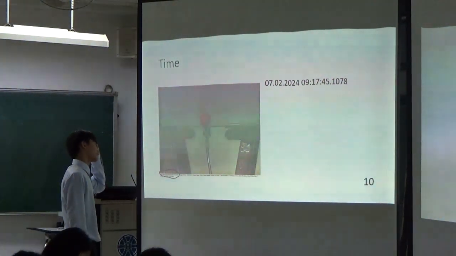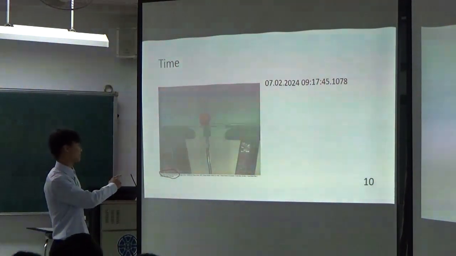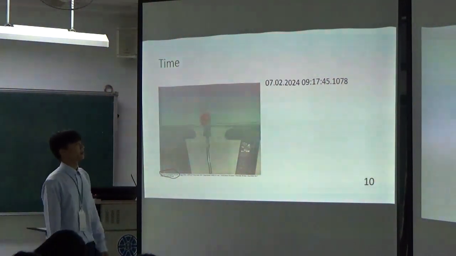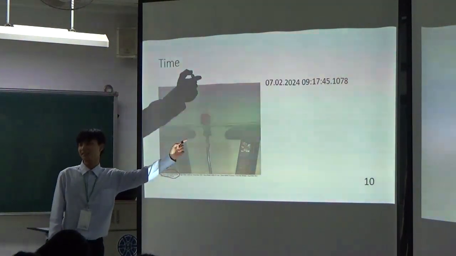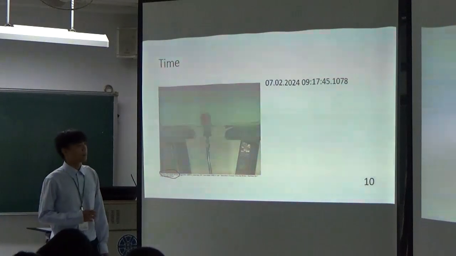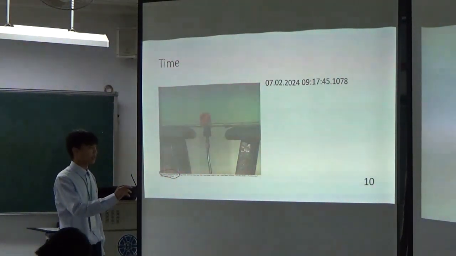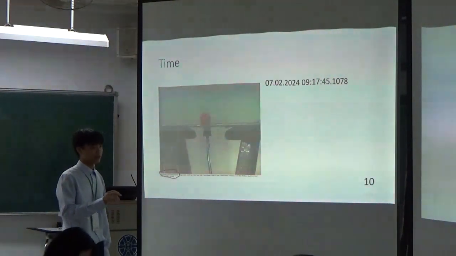This is how we get the duration. There's a timestamp down there. For example, I think the time there is accurate enough. So the duration is the difference between the final and the initial time.